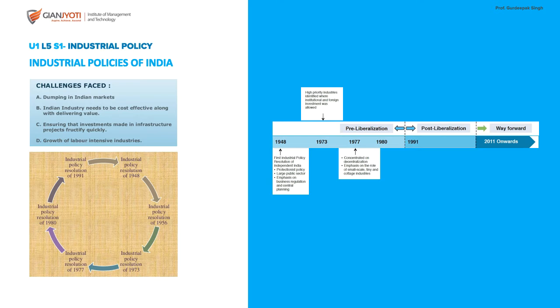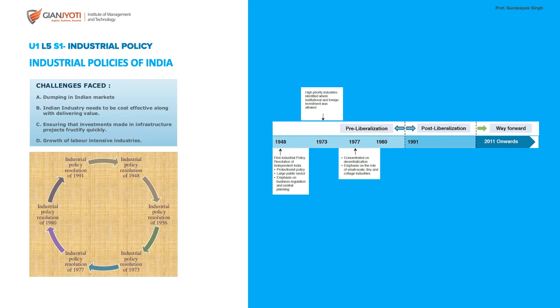1977, when we came up with the fourth industrial policy, we concentrated on decentralization. That means we wanted more private sector, and also at the state level we wanted to give more autonomy, and since most of the population was in the rural areas, we wanted to encourage small scale and cottage industry specifically.